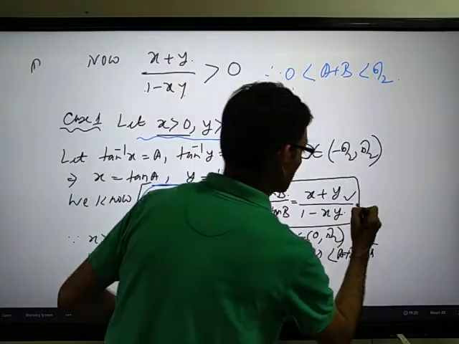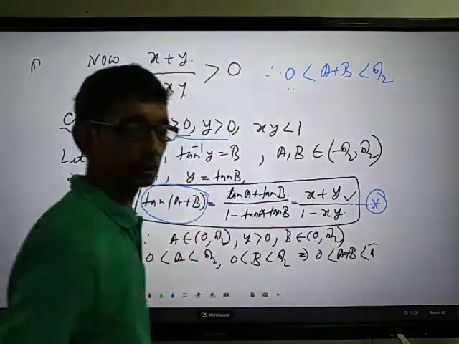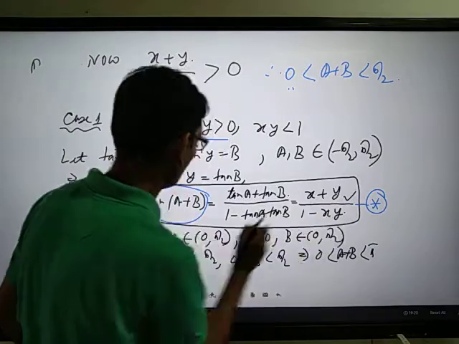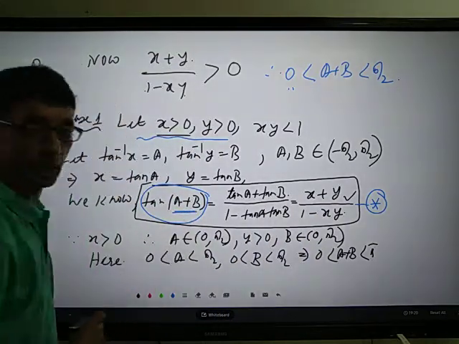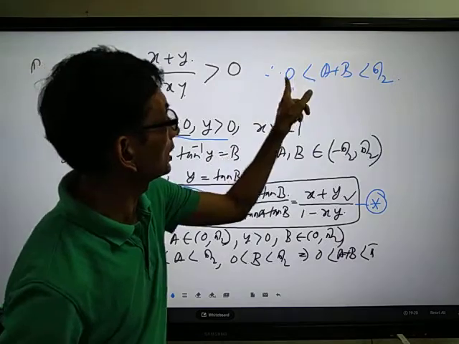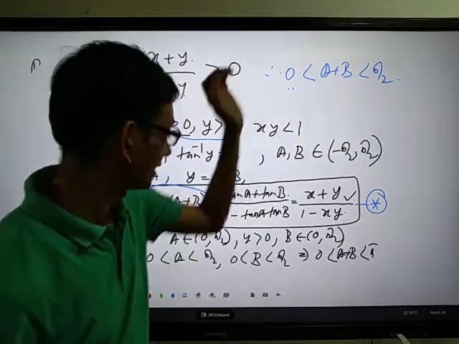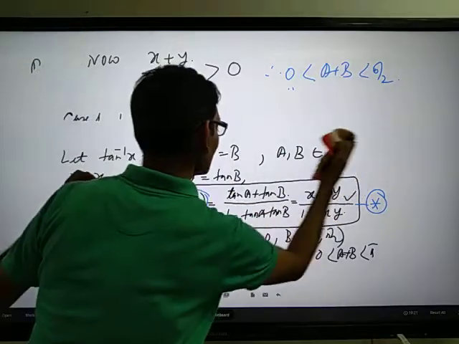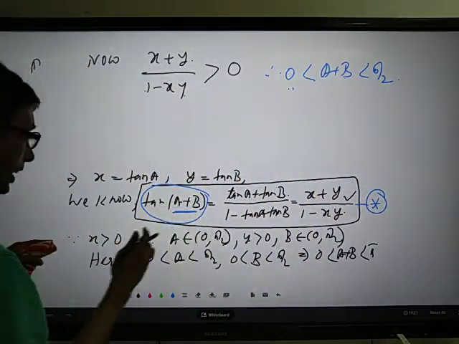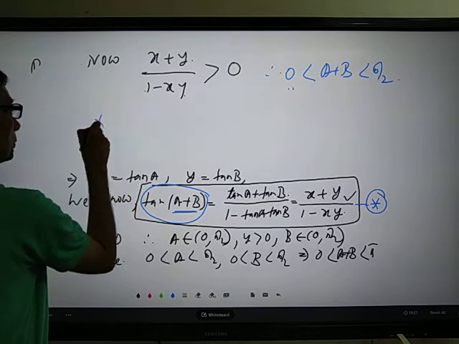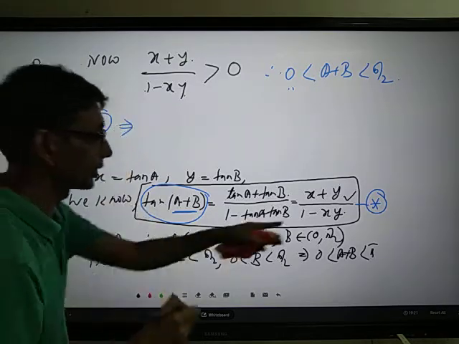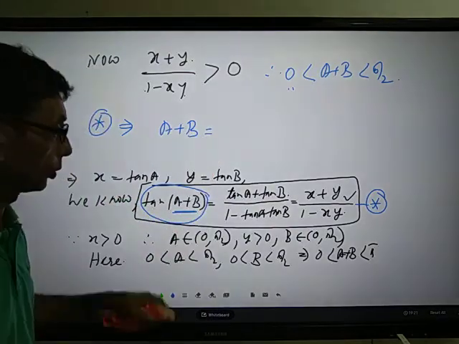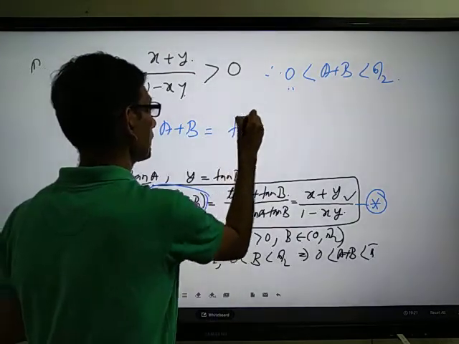Now, if we mark this as an important equation, that is tan(a plus b) equals x plus y divided by 1 minus xy, we need to see the value of a plus b. A plus b is lying between 0 to pi by 2, so we can definitely write that a plus b is equal to tan inverse of x plus y divided by 1 minus xy. Why can we write tan inverse?